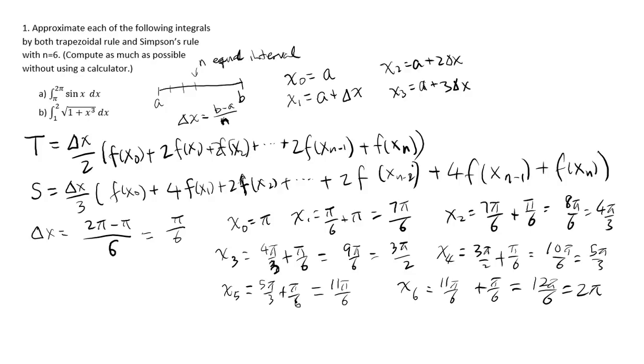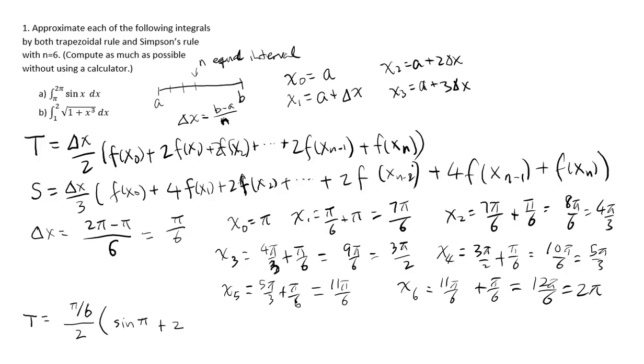Okay, now let's put everything into the trapezoidal rule. T, therefore, is pi over 6, that's the size of delta x, divided by 2. And then you have to evaluate the sine at pi. That's where you start. Sine pi plus twice. Notice that in the beginning and the end it's 1, but everything in between you have to multiply by 2.